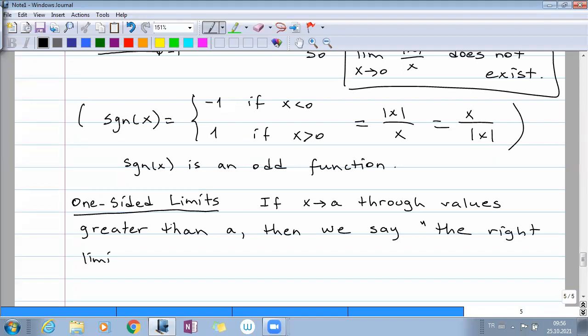Right as the direction, right limit as x approaches a from the right, we denote by the plus sign.